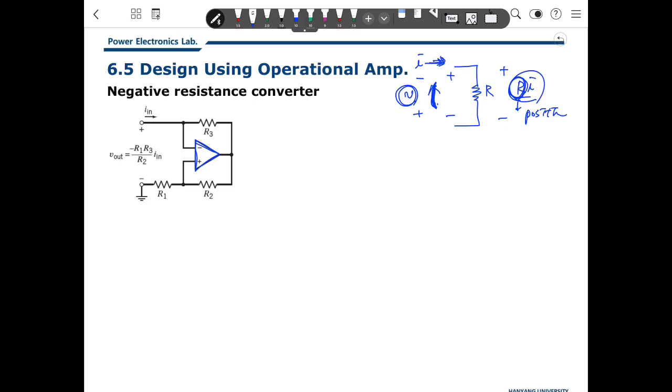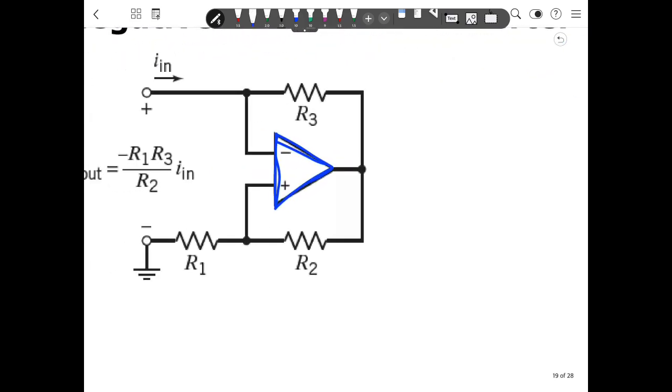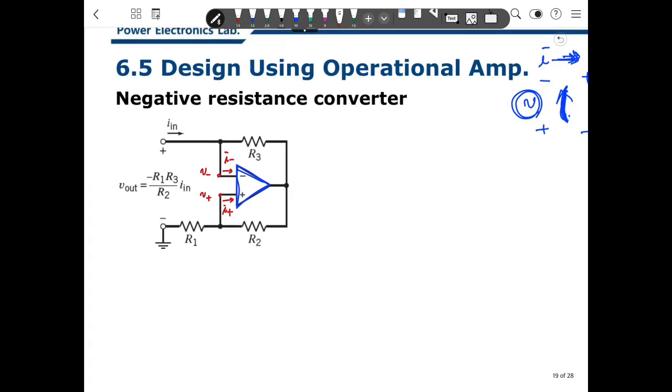So you make a circuit in this way, and then we should define V negative and V positive. This current is I negative. This current is I positive. And we should write V negative is V positive, and I negative and I positive are 0. So you make the relations based on these node equations, between here and here. Because I negative is 0, the I_in current goes to here.